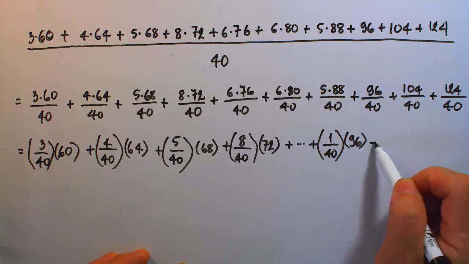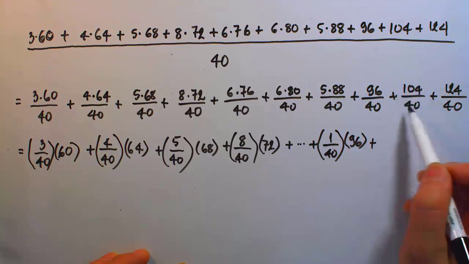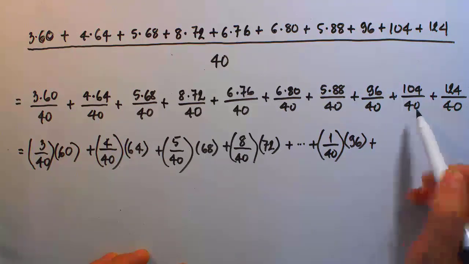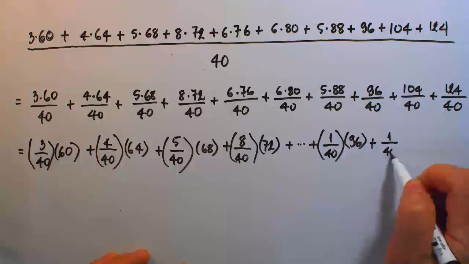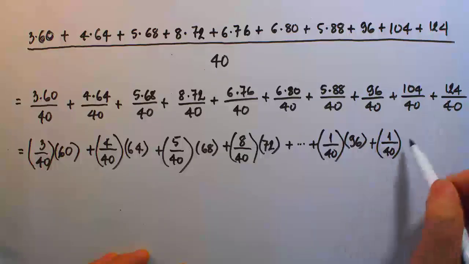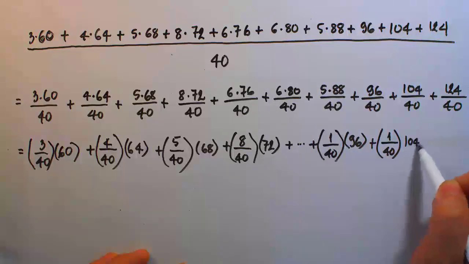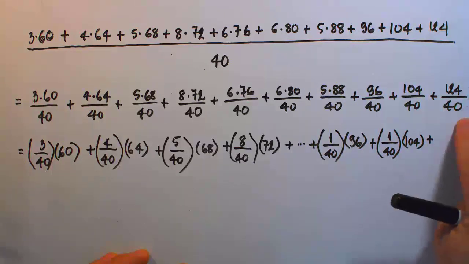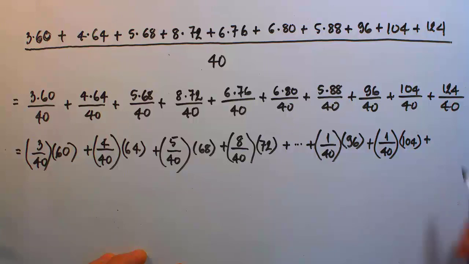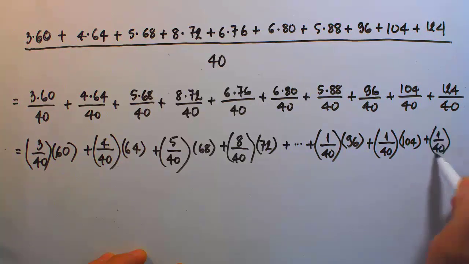Again, I am going to re-express 104 out of 40 as 1, the frequency count, over 40, and I'm going to multiply by the value 104. And my last one on the list, 124 over 40, is of course 1 over 40, and I'm going to multiply by the value 124.